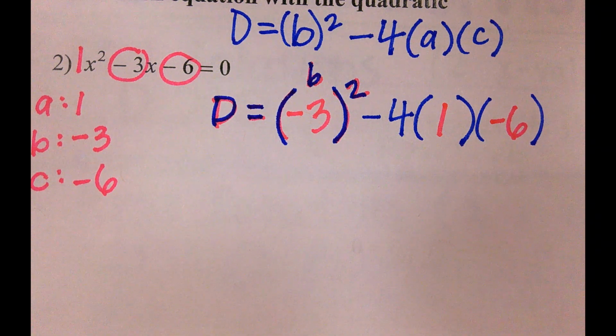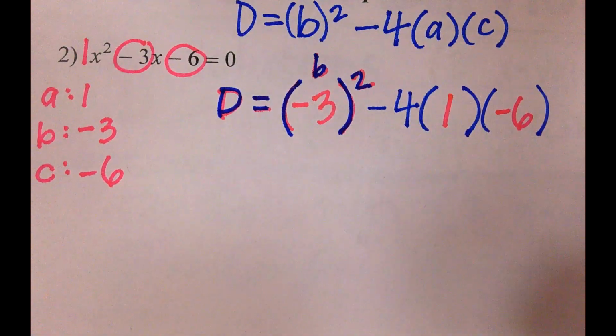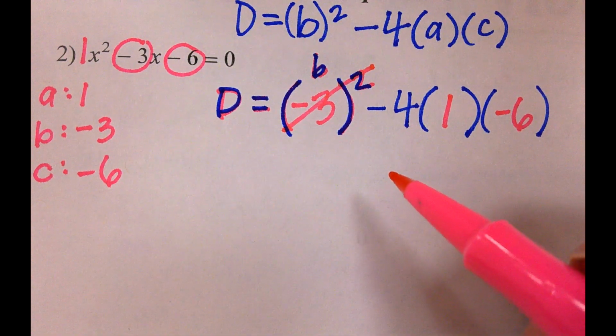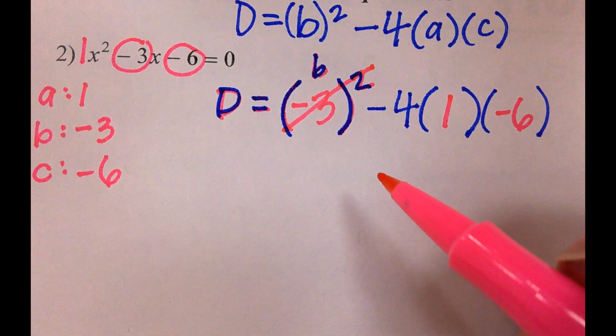Okay. Plug things in. Where do I go next? Do the math. What part do I do? -3 times -3 is -6? Check it. Go back there.